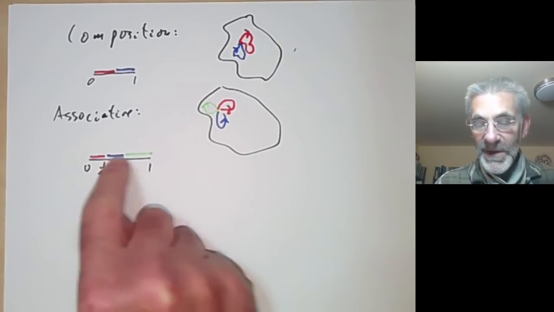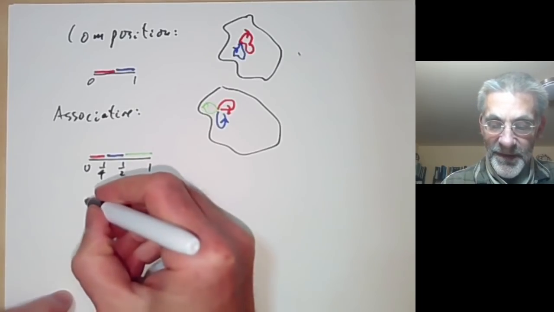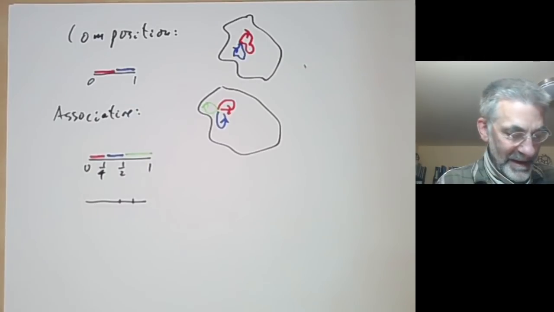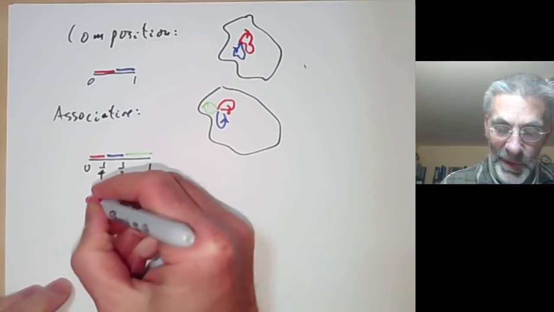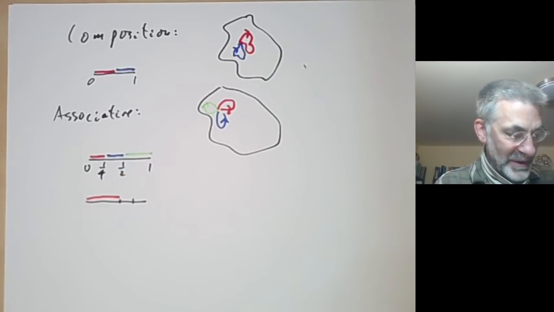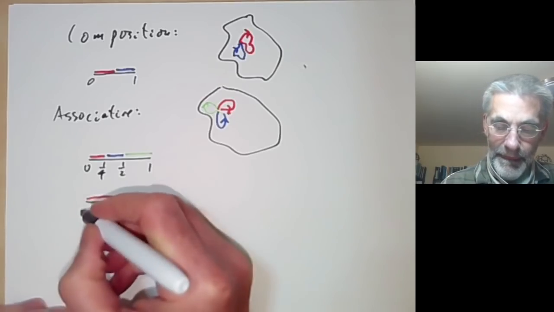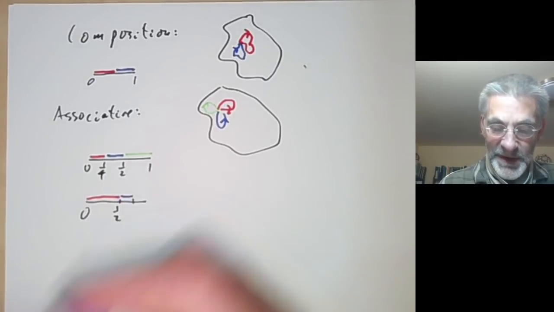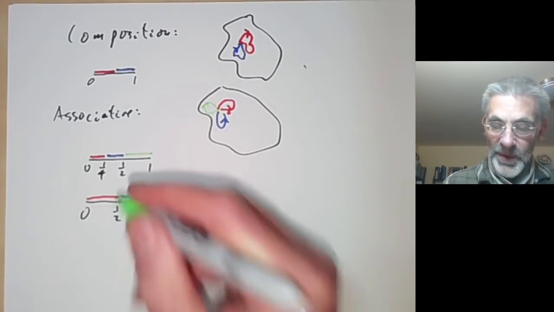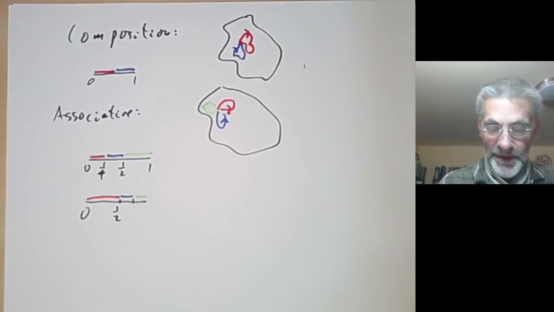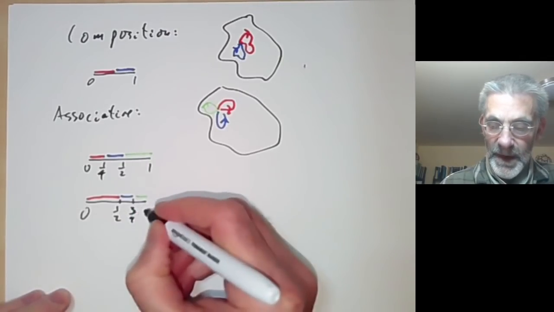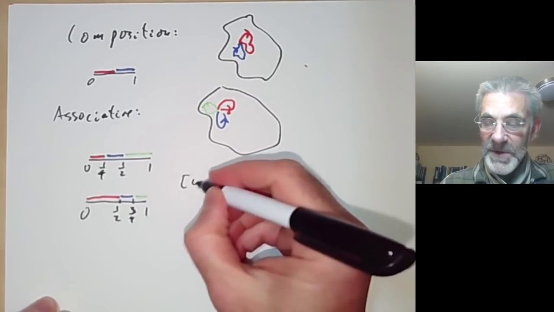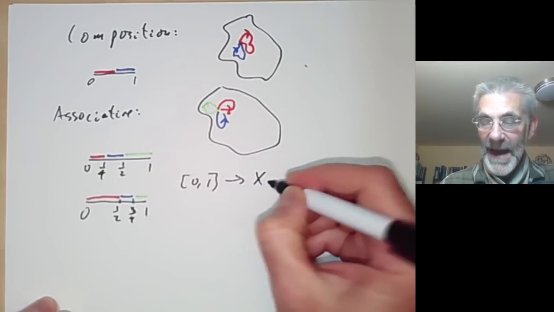On the other hand, if you multiply the blue loop and the green loop together first, you go along the red loop from 0 to a half, and then along the blue loop from a half to 3/4, and then along the green loop from 3/4 to 1. So these compositions aren't quite the same as maps from the unit interval to the space x.